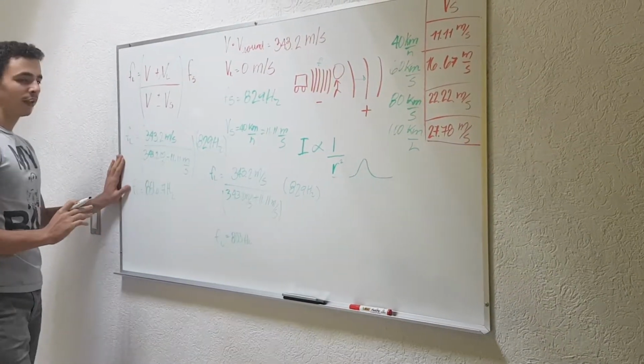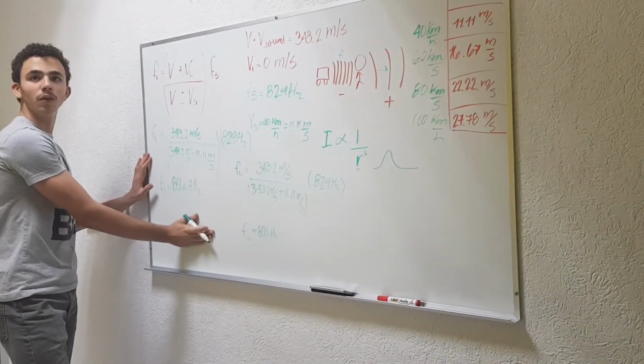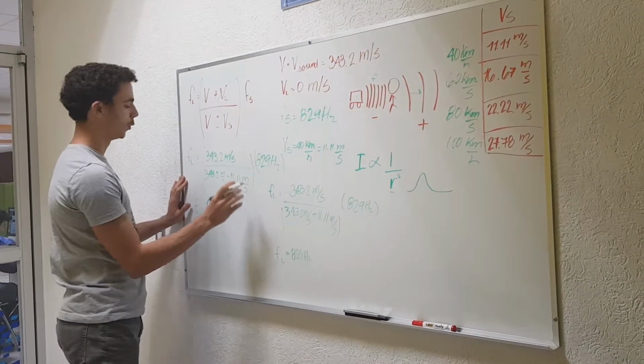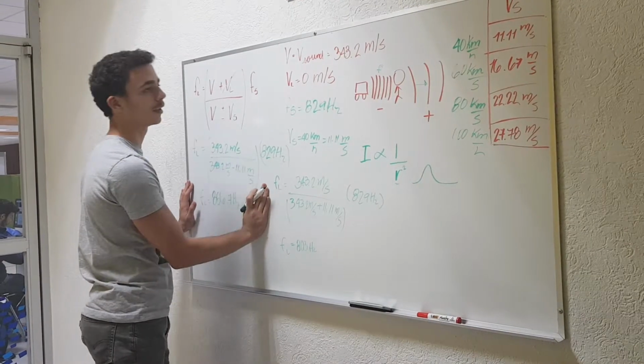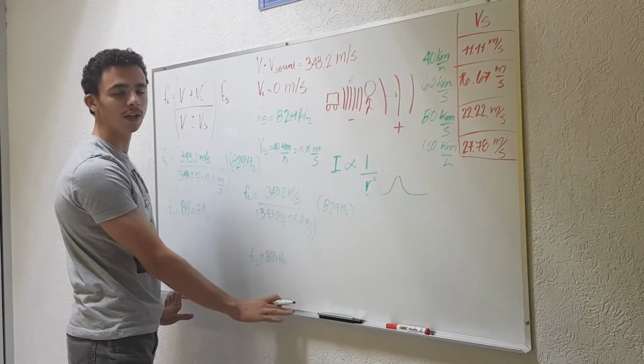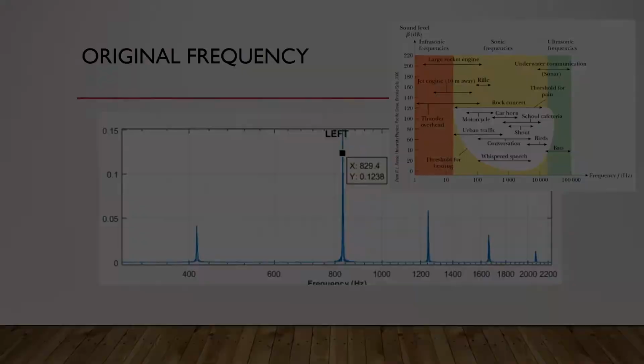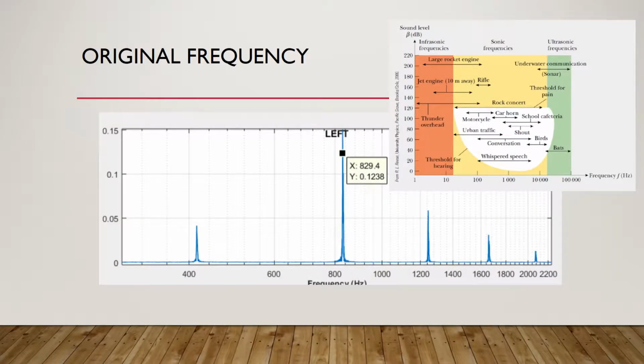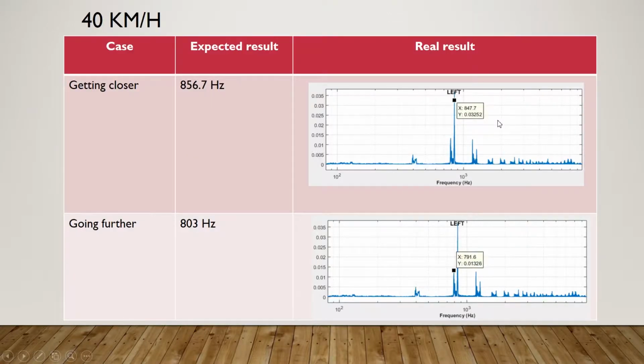And this same thing we are going to illustrate 3 more times, but it will be shown in the next graphics. As we can see, our original frequency of 829 coincides with the parameter of the car horn. Also, our graph proves our calculations because the error is minimal.